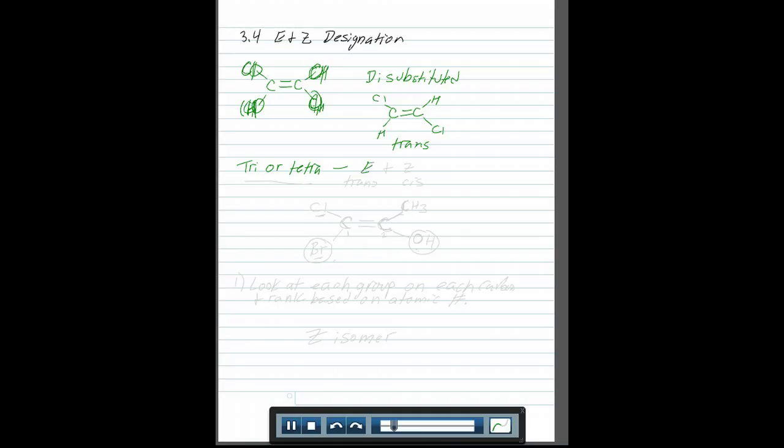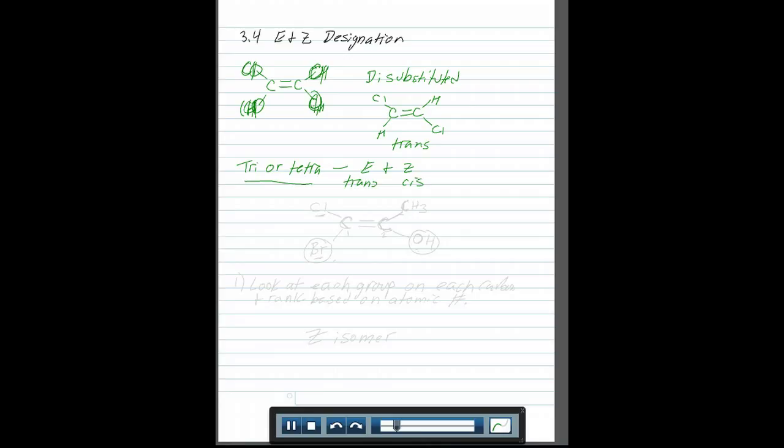You use E and Z instead. I have no idea why they decided to do this. It makes no sense to me, but this is one of the rules. E stands for the trans and Z stands for the cis. So rather than saying cis and trans, they use E and Z only for tri and tetra substituted compounds.